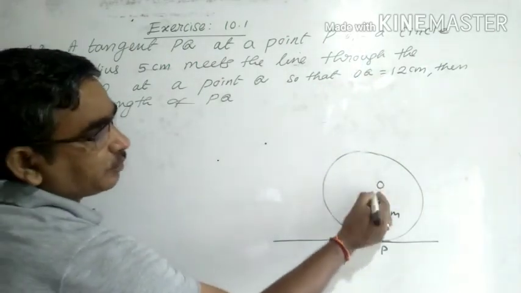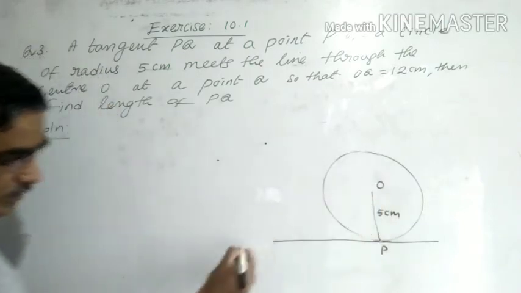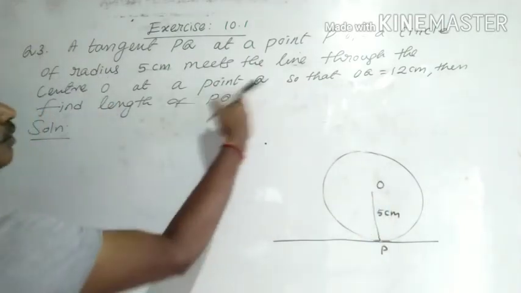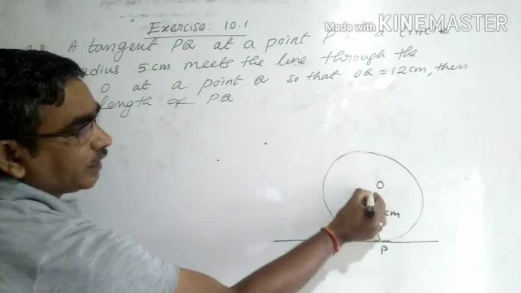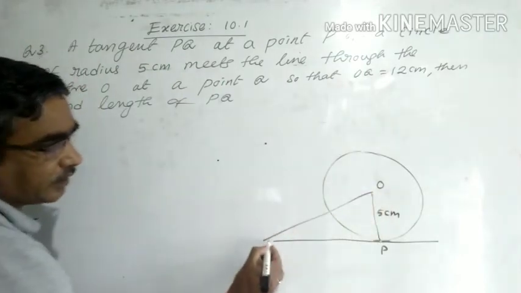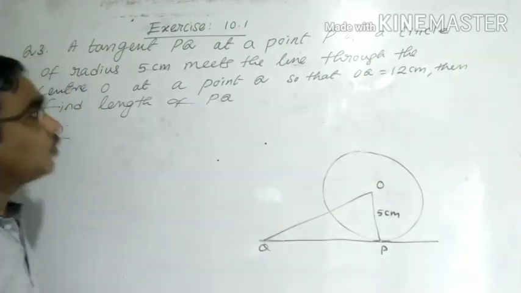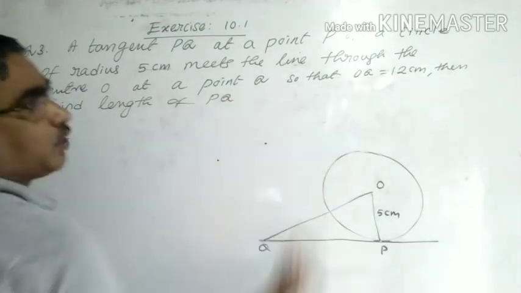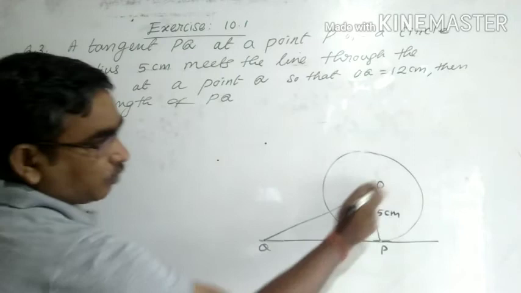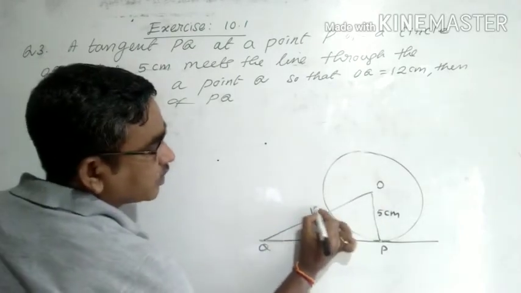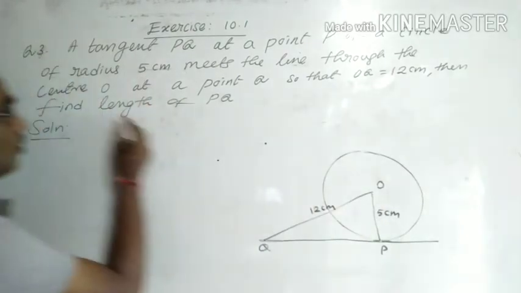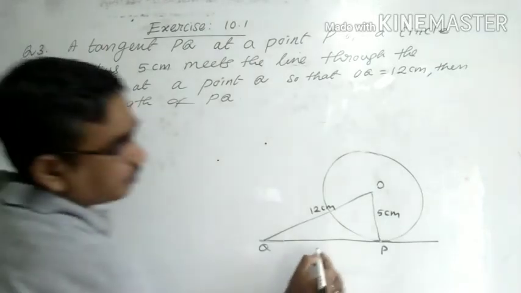A line is drawn through the center, meeting the tangent at the point Q, and OQ is equal to 12 cm. Find the length of PQ.